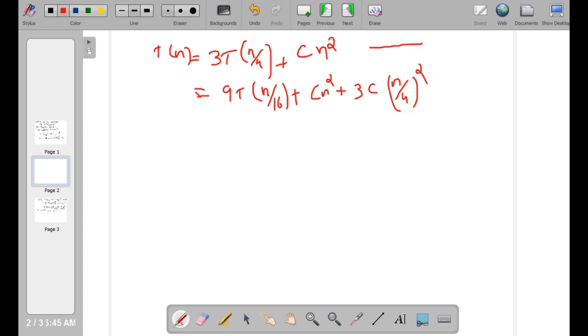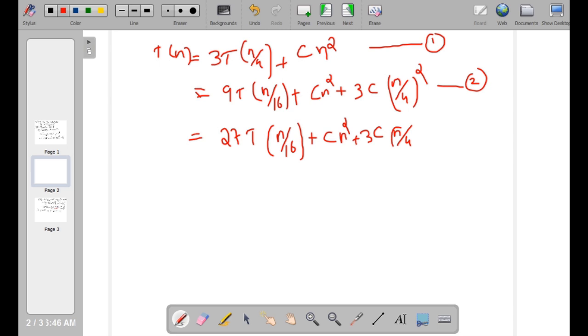This is equation number 2. And equation number 3 is 27T(n/64) plus cn² plus 3c(n/4) whole square plus 9c(n/16) whole square. This is our third equation.